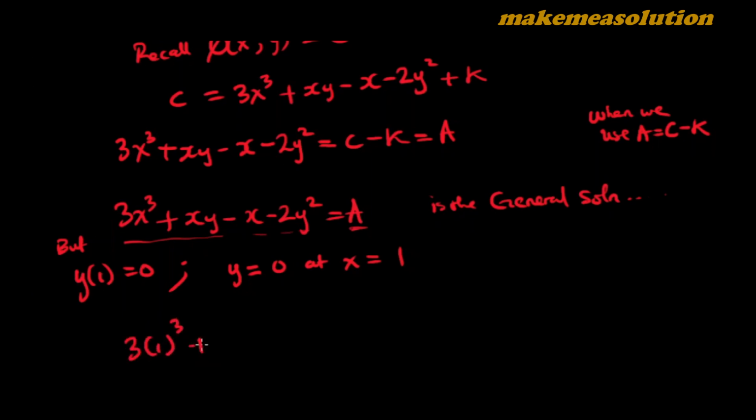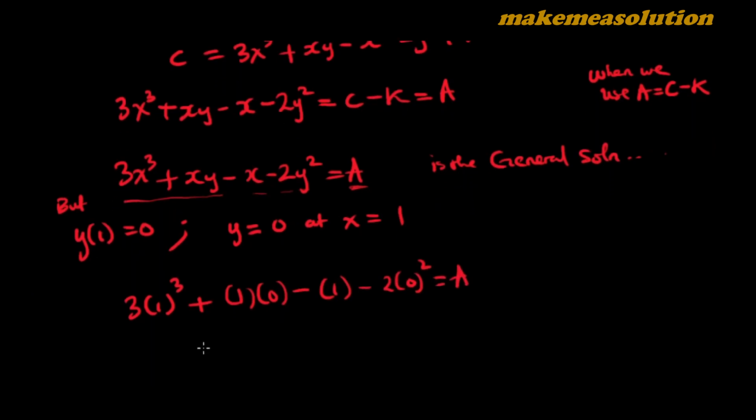3 into 1 cubed plus 1 times 0 minus 1 and minus 2 times 0 squared is equal to a. So when we solve, we'll have 3, this is 0, this is minus 1, and this is 0, and this is a. So a is equal to 2.